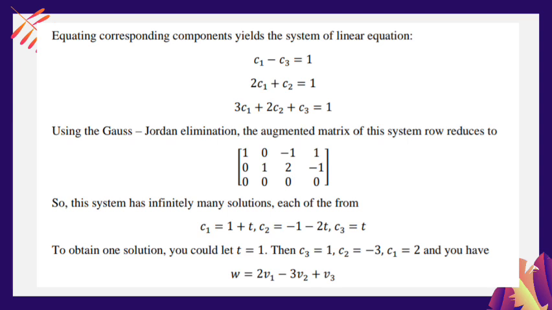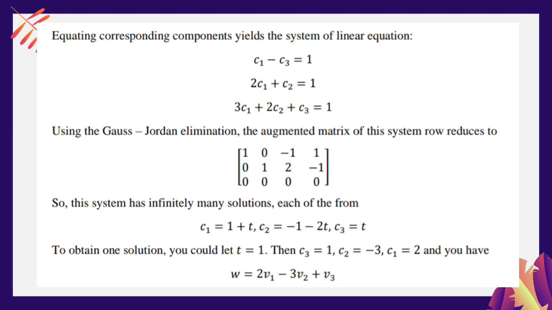And then, we can use Gauss-Jordan elimination, which was tackled in the previous lessons. Then the augmented matrix of the system row reduces to 1, 0, 0, 0, 1, 0, negative 1, 2, 0, 1, negative 1, and 0.